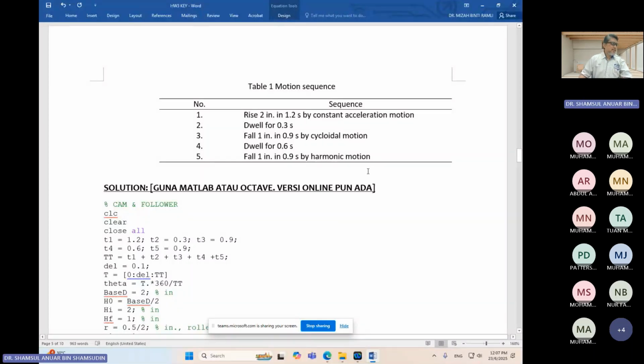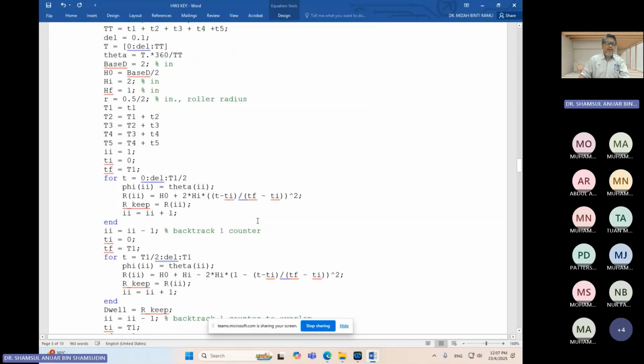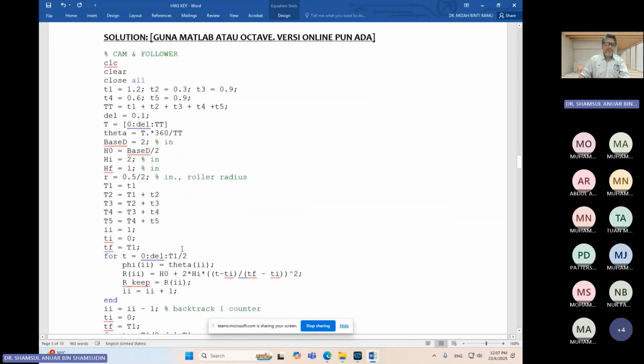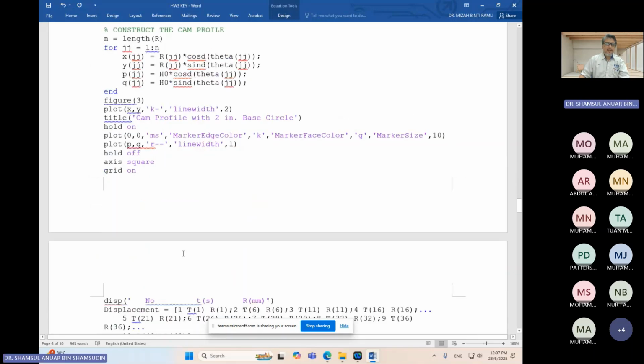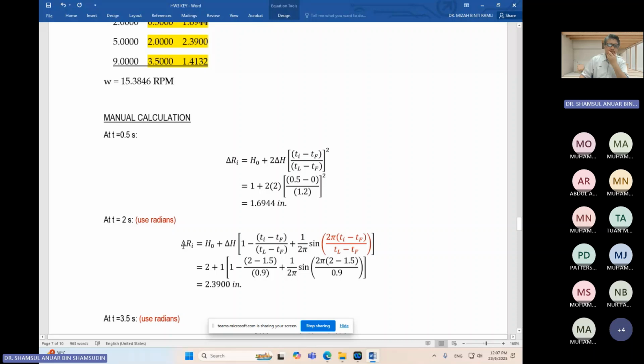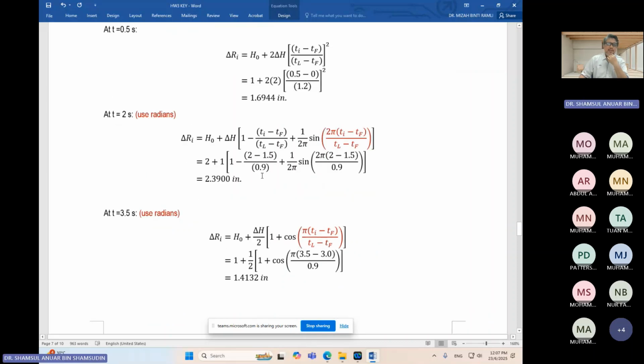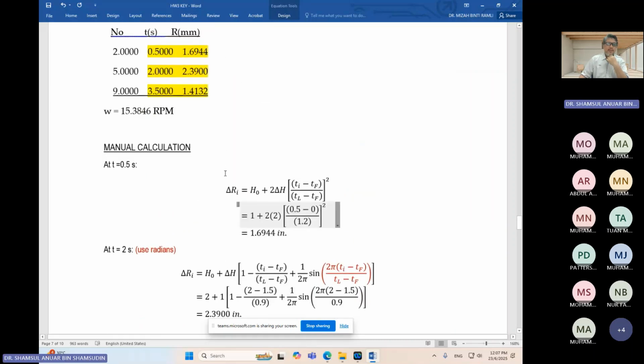I'm not sure whether in reality people use this kind of combination, but just use it for fun. And after I run it, this is a calculation by hand, a manual calculation.